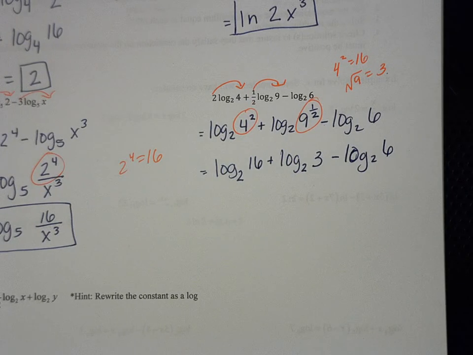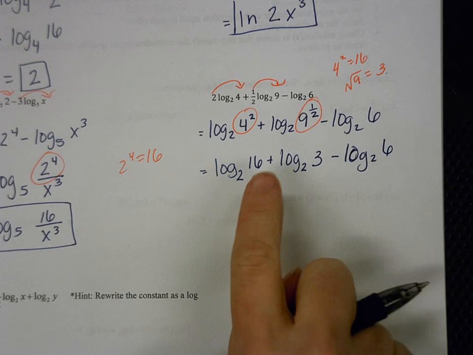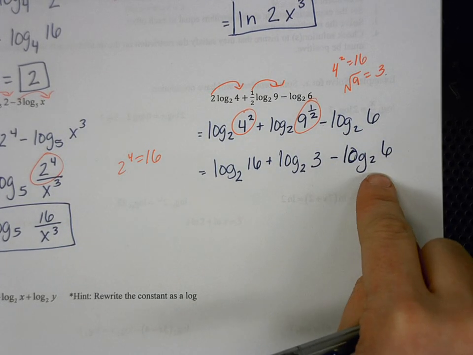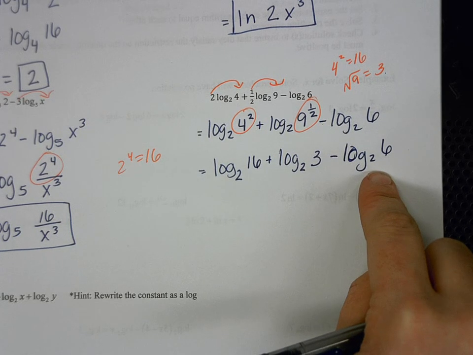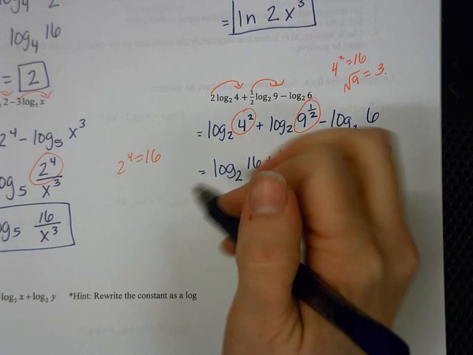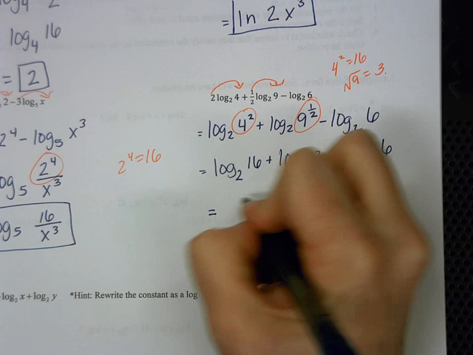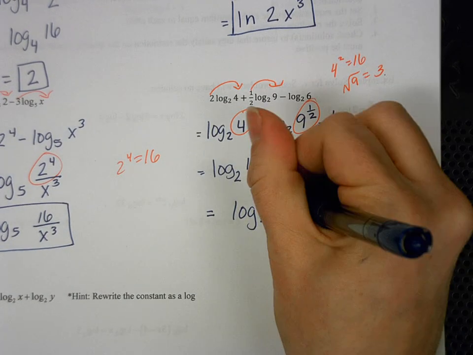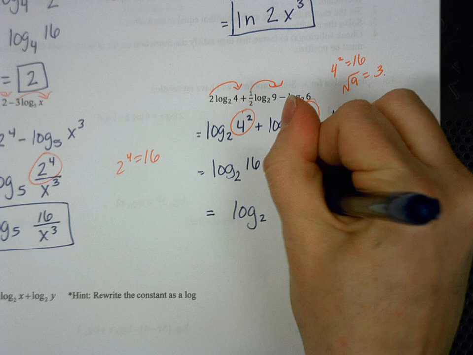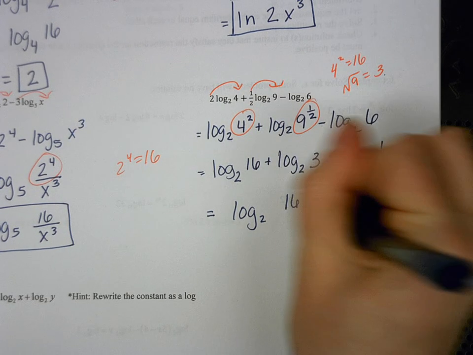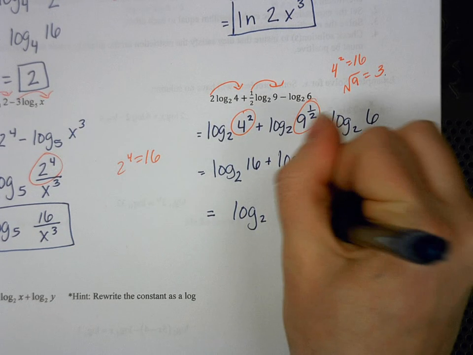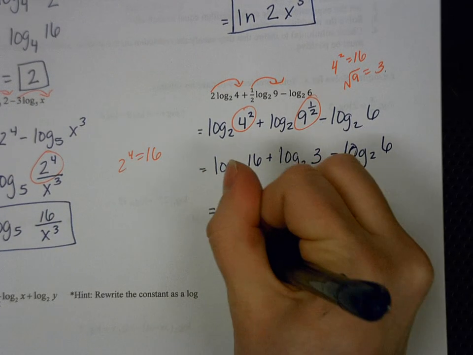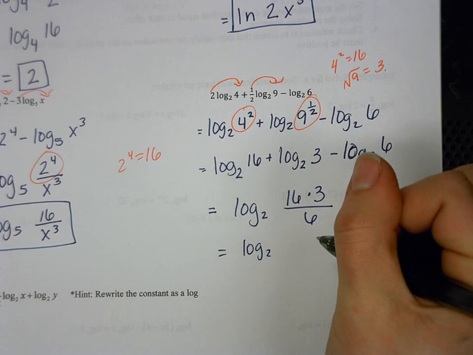All right. Addition means we're going to multiply those values together. Subtraction means we're going to divide. So, left to right, follow your order of operations. Log base 2, we're going to do 16 times 3 first, and then divide everything by 6. 16 times 3 is 48.